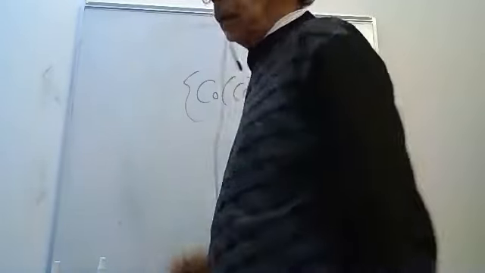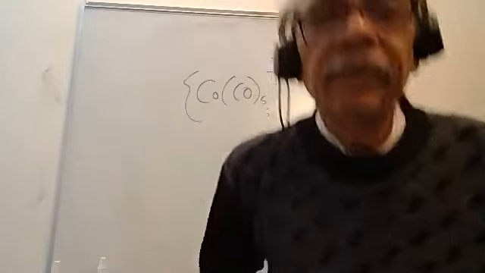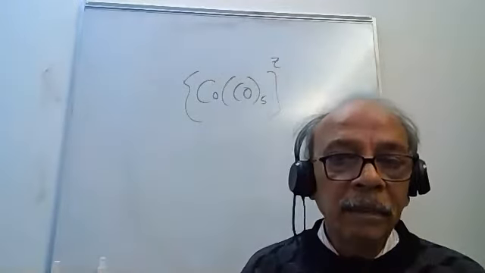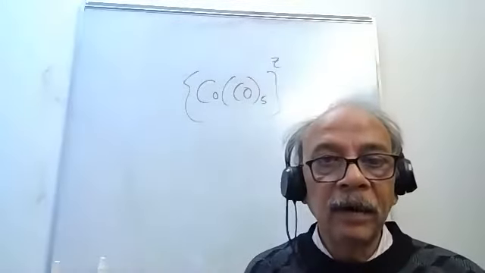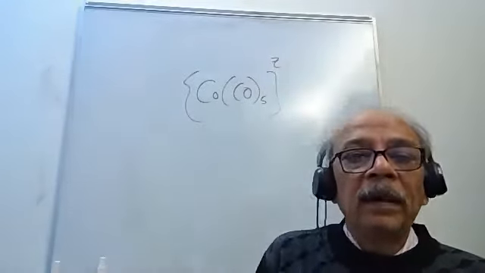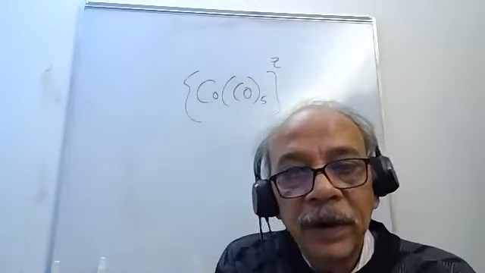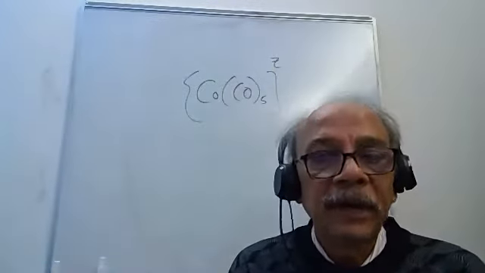Let's say I have a complex that has a charge. This complex, I tell you, obeys the 18 electron rule. If that is the case, what should be the charge on this complex? What should be the value of Z?